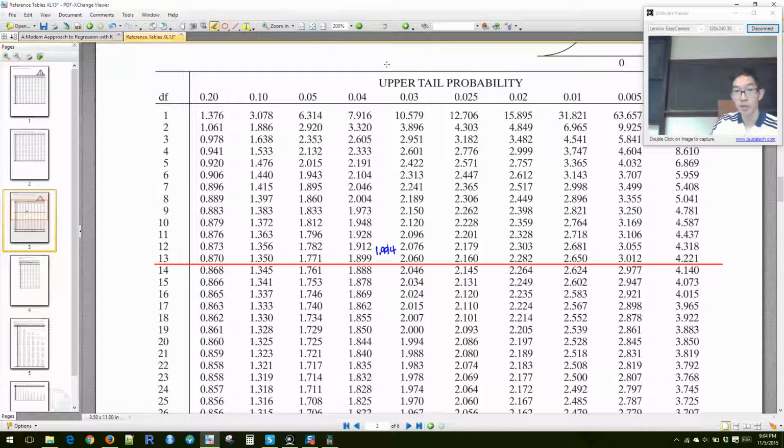Which means my tail probability will also be between these two columns. If the number I happened to have was 1.1, then 1.1 is here and my tail is in between these two columns. If I happened to have 0.5, then I only know one side of my tail, that it's on this side of the column.